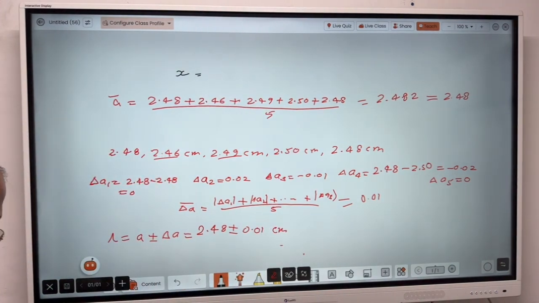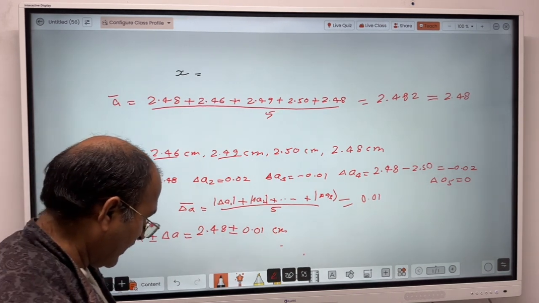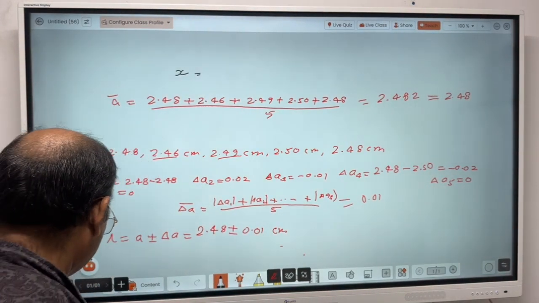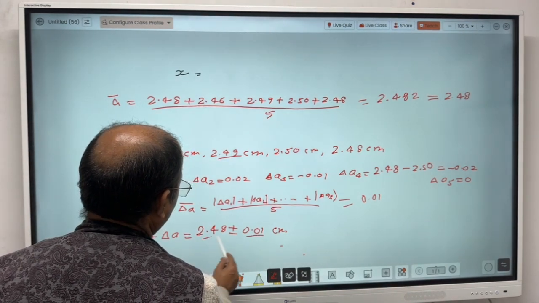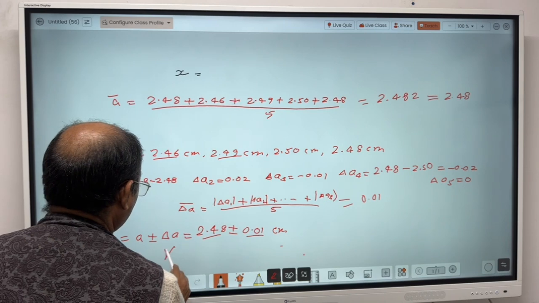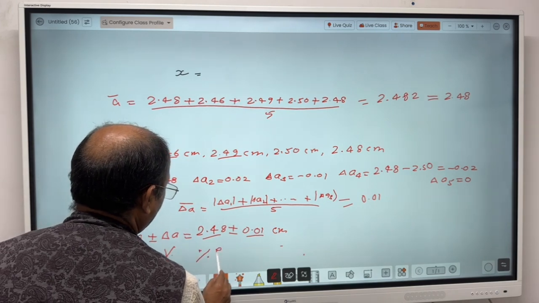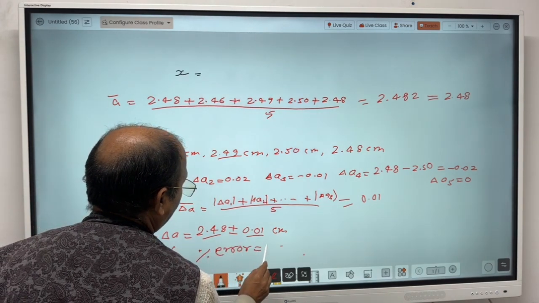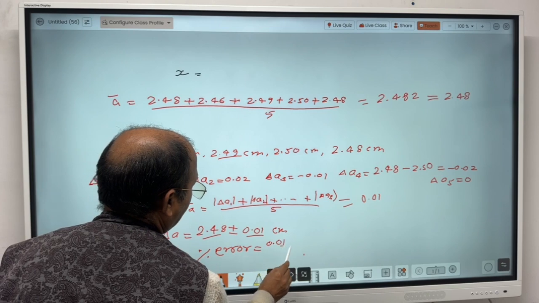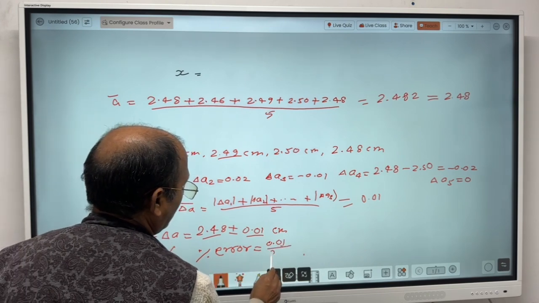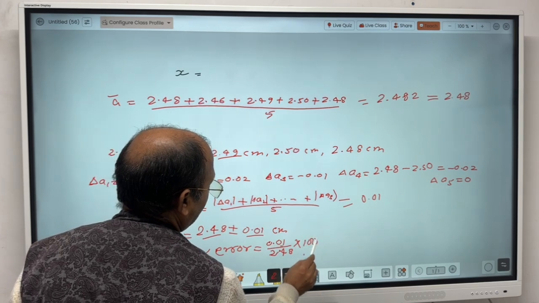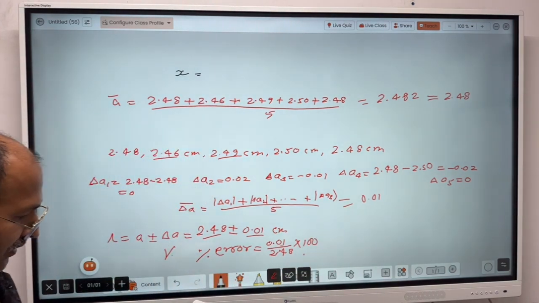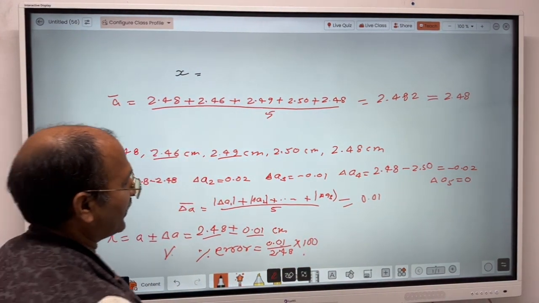Now suppose you want to convert it into a percentage, or you want to find out its percentage error. So what do we do? We just write this value divided by this value into 100. So percentage error is equal to 0.01 whole divided by 2.48 multiplied by 100, and then you can easily evaluate and it will come out to be 0.4%.